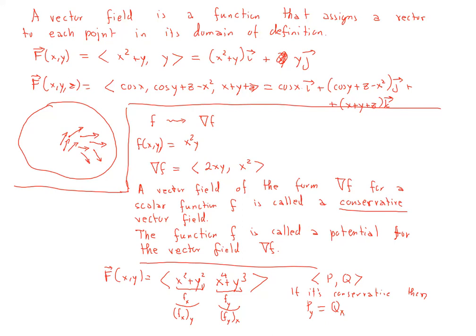So for the specific vector field that I just gave you, P sub y is 2y, and Q sub x is 4x cubed. These two functions are certainly not equal to each other, at least on the whole R2. So certainly this vector field that I chose in a very generic way is not conservative.